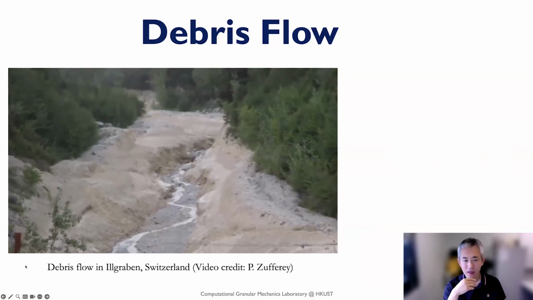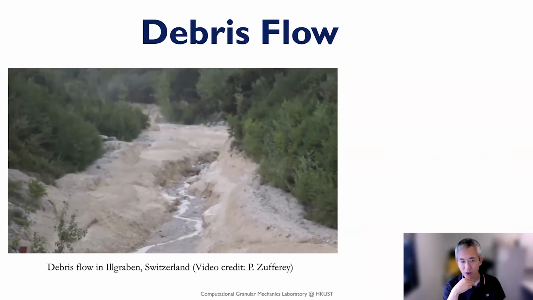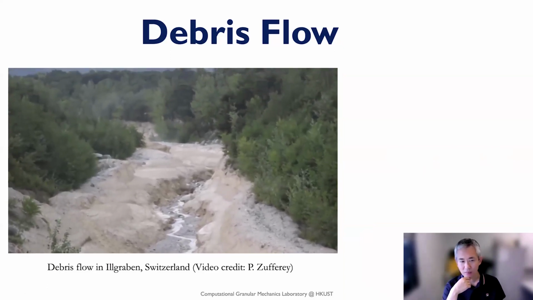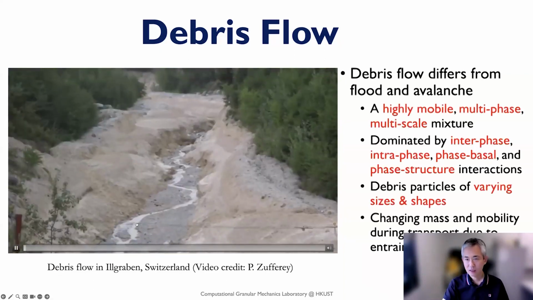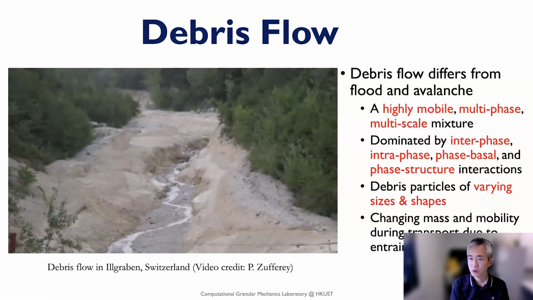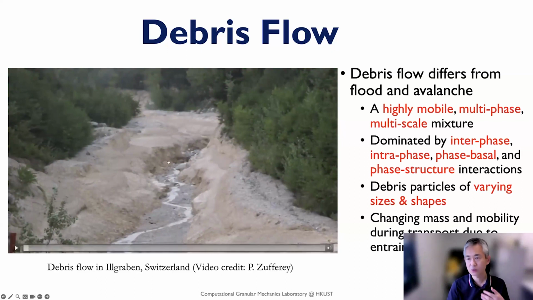Let's see what exactly debris flow is and take a close look. This is a debris flow recorded by camera, and it happened in Switzerland. Let's see how debris flow is different from a flood and a rock avalanche. You can tell from this video it's a highly mobile, multi-phase, multi-scale mixture, dominated by so-called interphase interaction, meaning between the liquid phase and the particle phase.